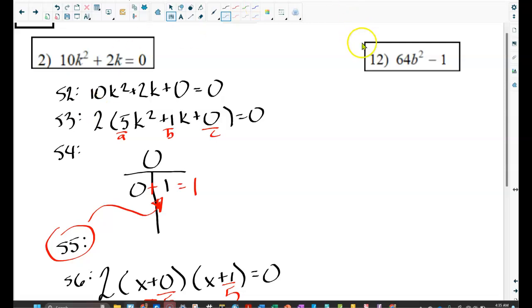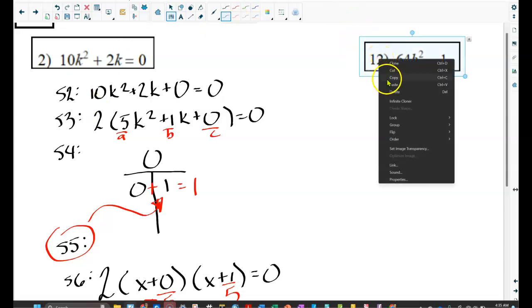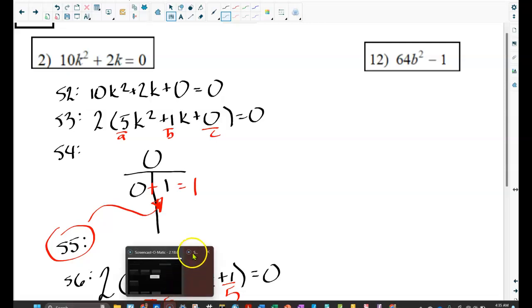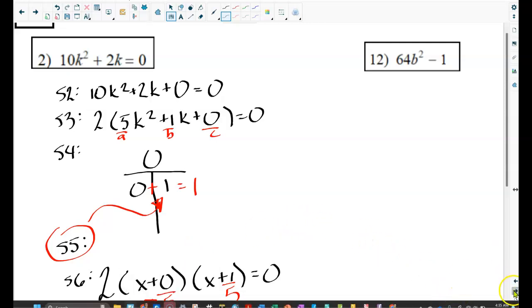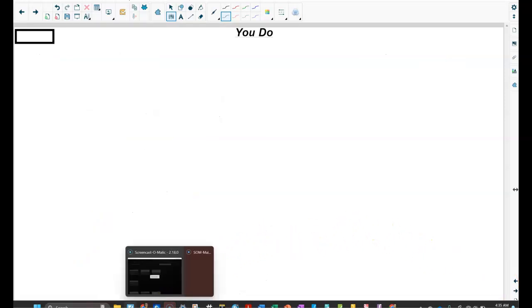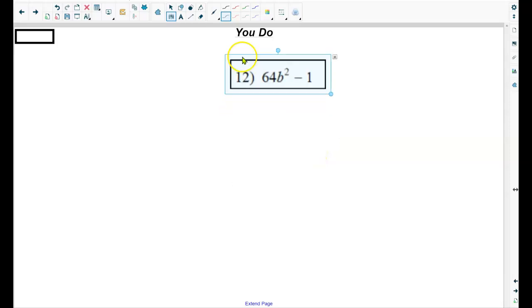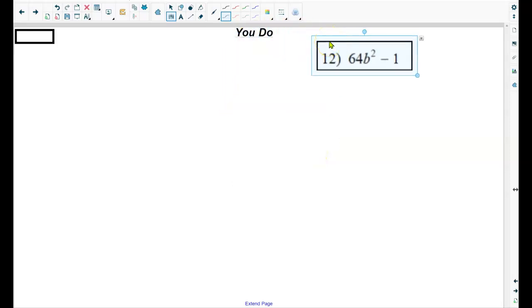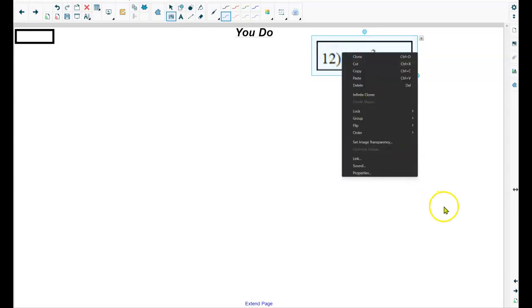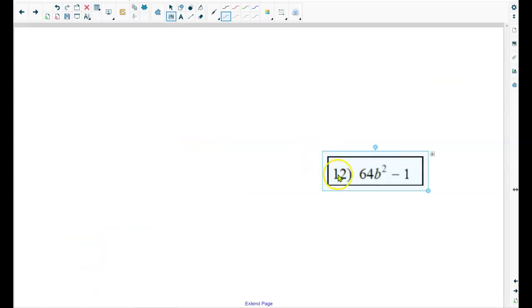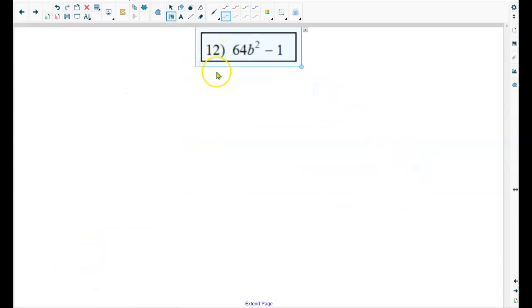Let me take this one over here just in case. So let's go as far as we need to go.